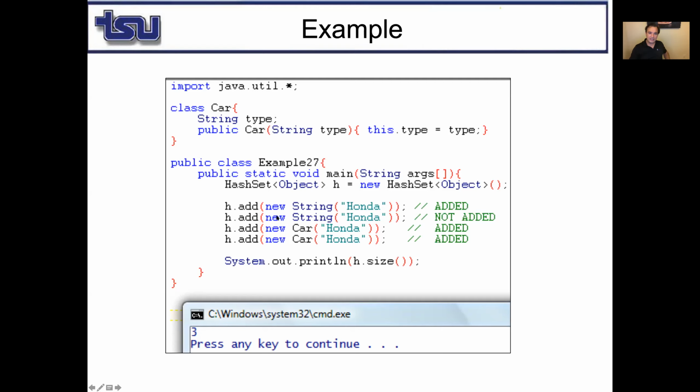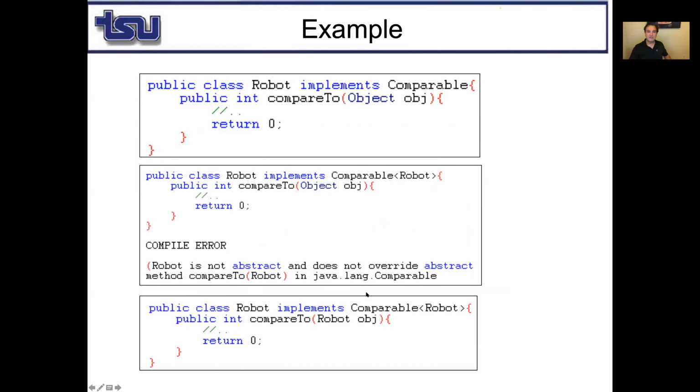However, the Car class does not have an equals method, and the default equals method just checks memory addresses. Since this is an object pointing to one memory space and this one is pointing to another memory space, when I invoke equals via those 2 objects, it will return false. So it will be able to add those 2. So there will be what? 3 objects in this case.